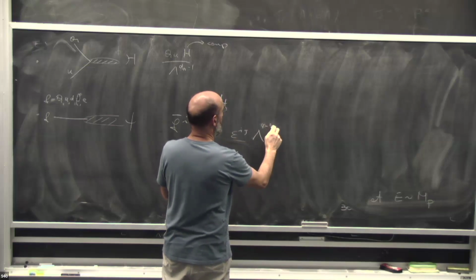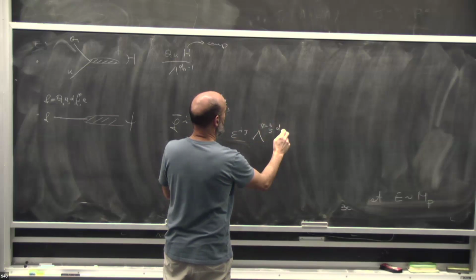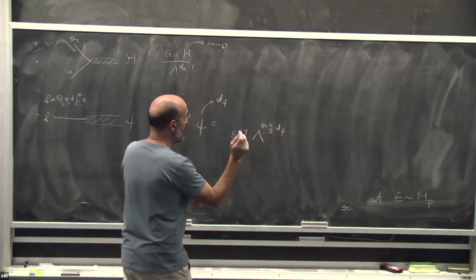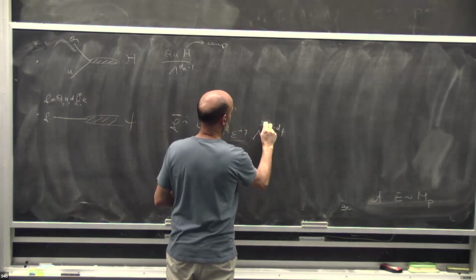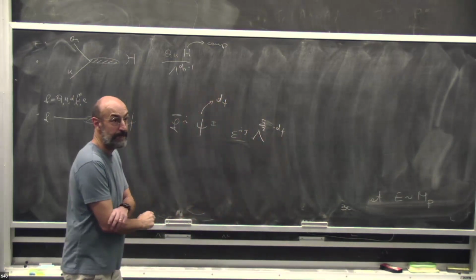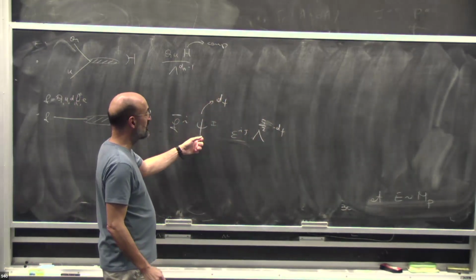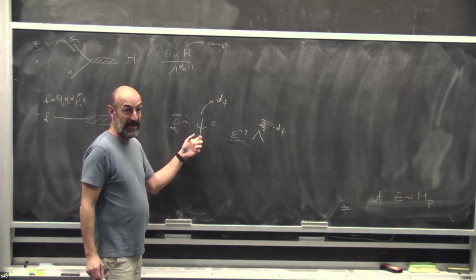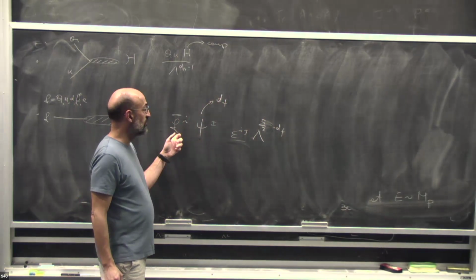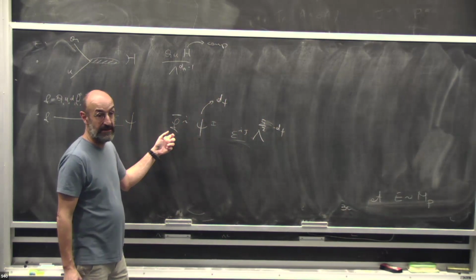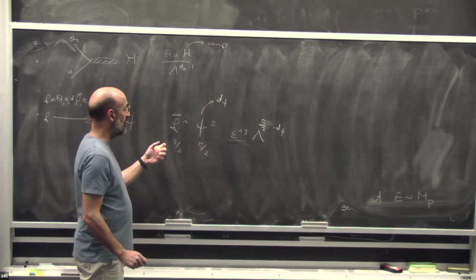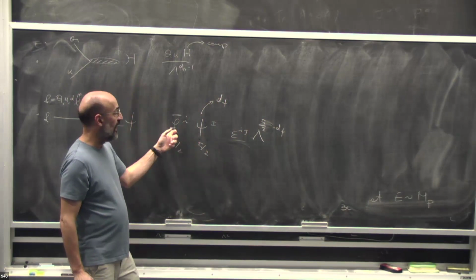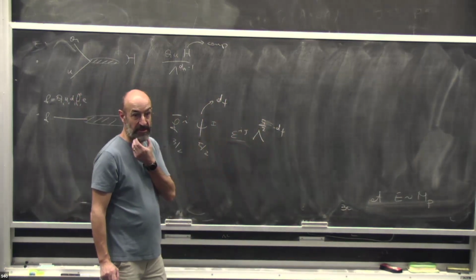Four minus 3/2 minus deep psi, it's 5/2 minus deep psi. So in particular, if psi were to have dimension 5/2, this would be a marginal mixing. Because this is dimension 3/2. If this is dimension 5/2, this plus that is 4, and the coefficient is very much like an ordinary Yukawa.